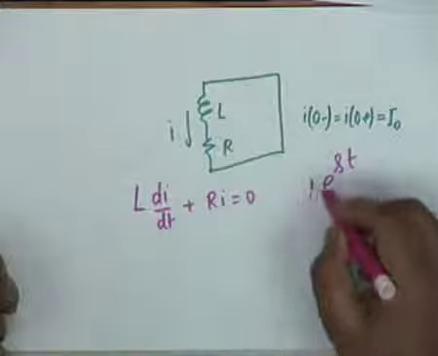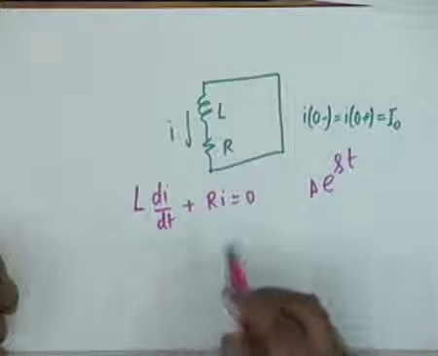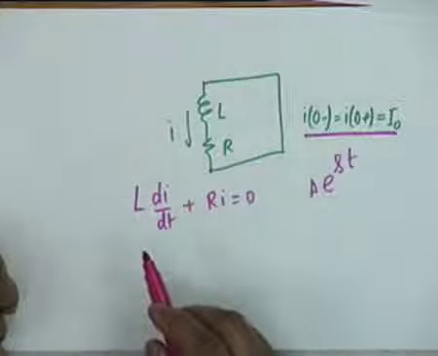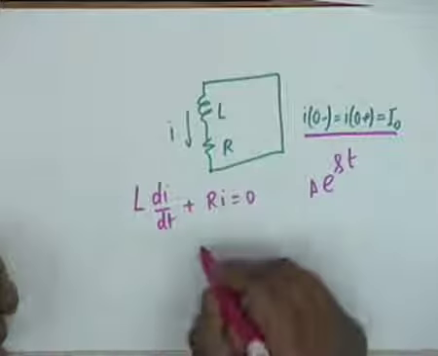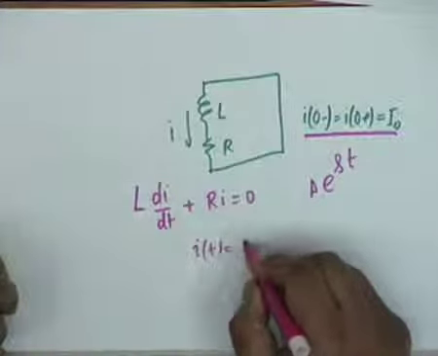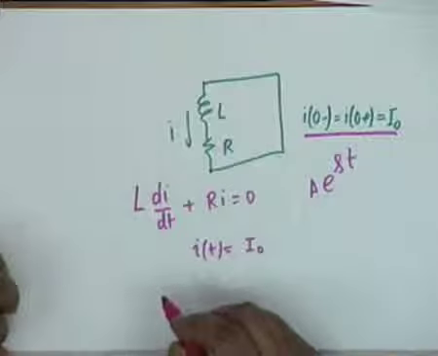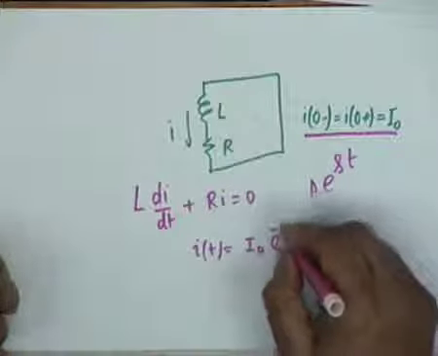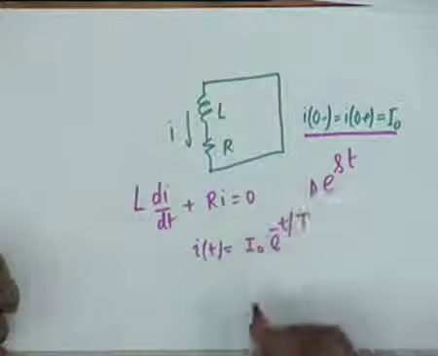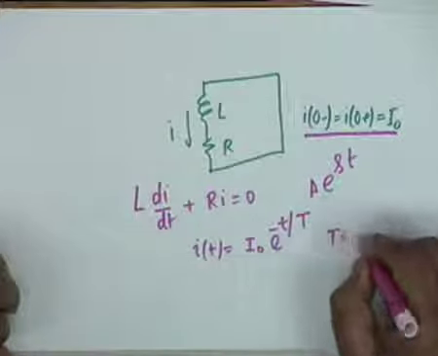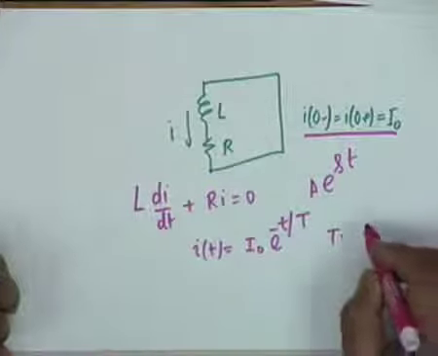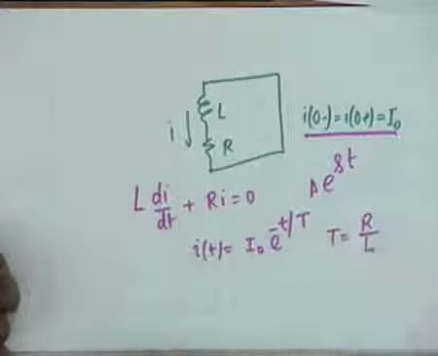But if you try a solution of this form and substitute this initial condition, that is i(0) equal to I0, you shall be able to show that i(t) is exactly of the same form, that is I0 e to the power minus t by capital T, where capital T is now equal to L by R. Instead of RC, it is L by R.